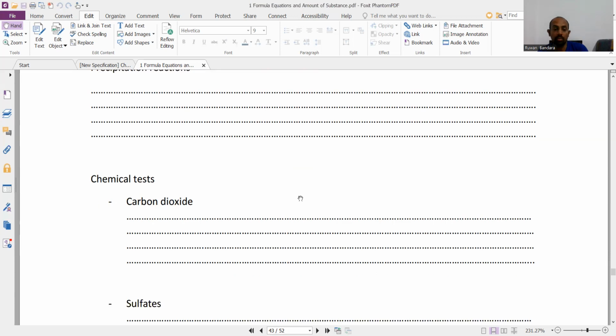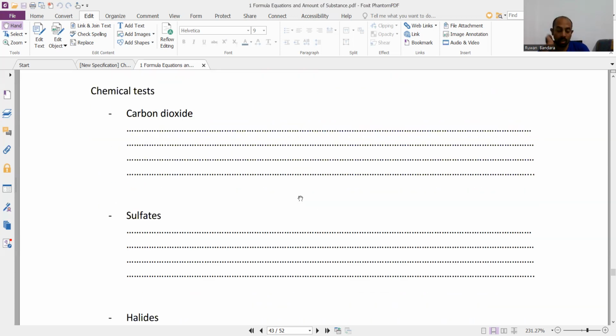Okay, let's see. What is the test for carbon dioxide and where do you get the precipitate there? Who's going to say the answer? Akshan, what is the test for carbon dioxide and where can you see the precipitate?